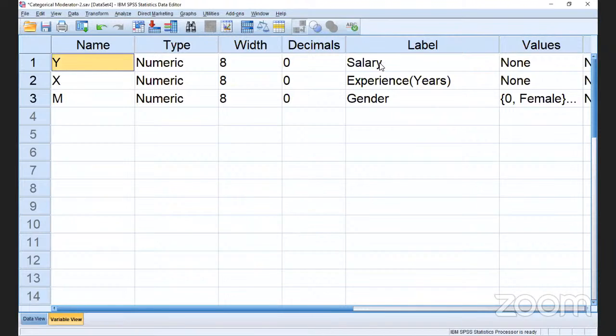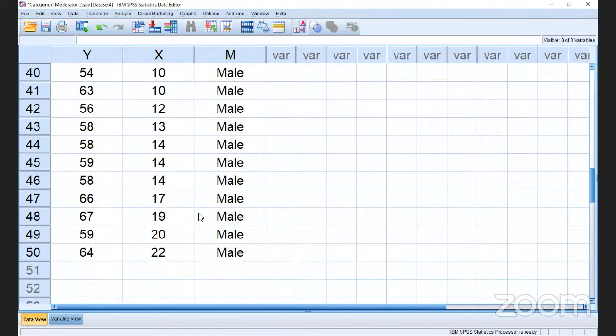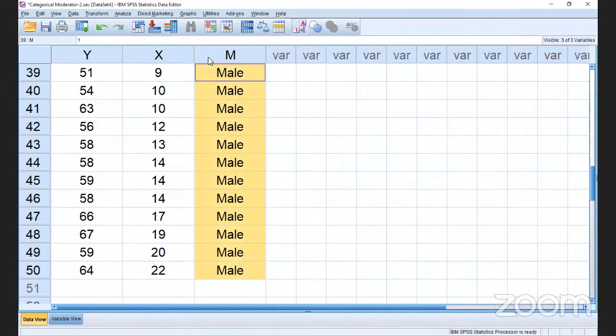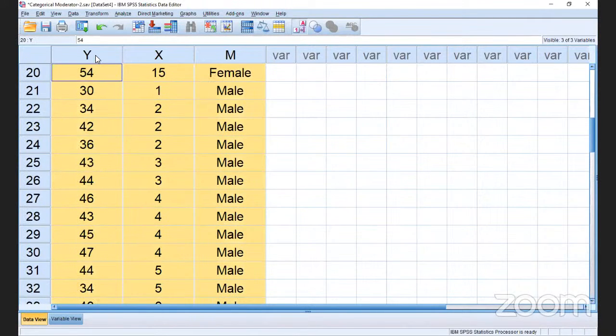Y means the dependent variable salary, X means the independent variable experience in years, and M means gender, a categorical variable. It is a data set of 50 people.